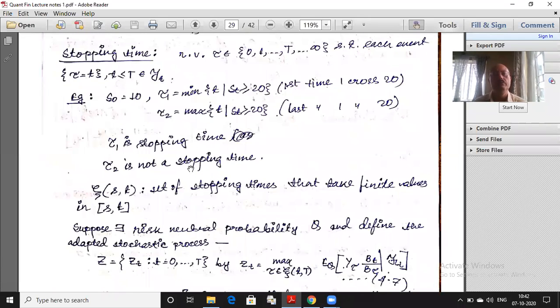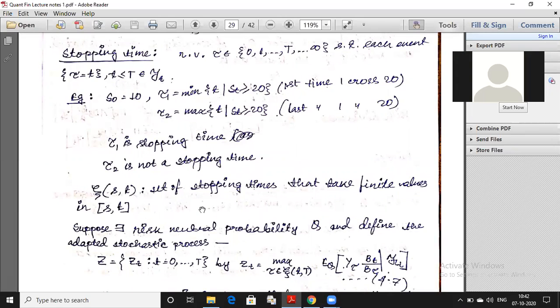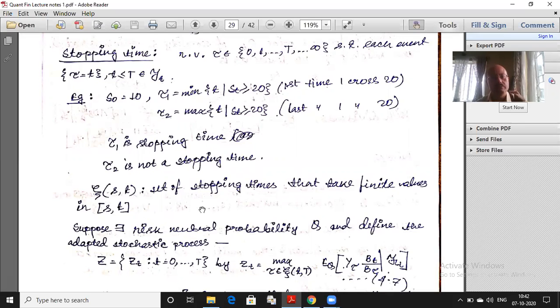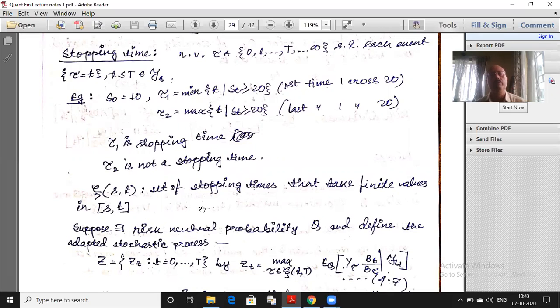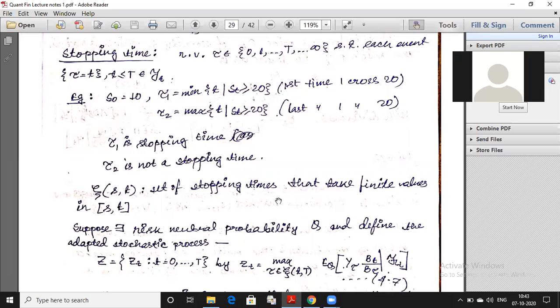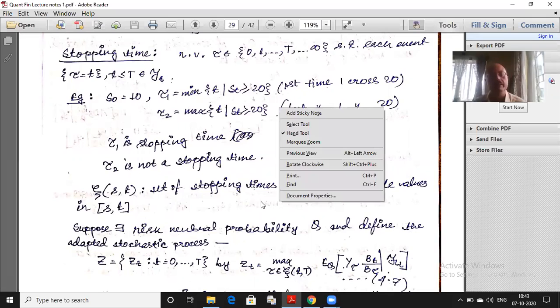We have also talked about a stopping time random variable and discussed a couple of examples. Why are stopping times relevant? Because when we are evaluating American options, we are looking at each possible time point where I might be exercising my option early. So these are called stopping times when the option is exercised. So we want to find out the probability distribution of this stopping time. That will help us in pricing the American.